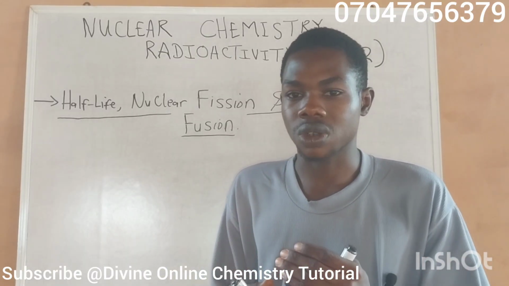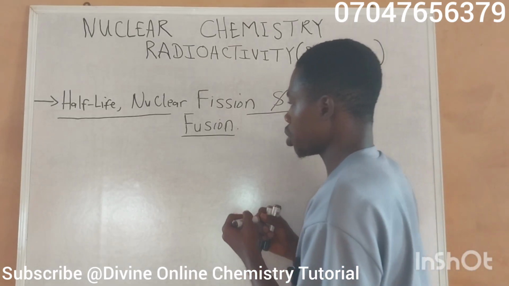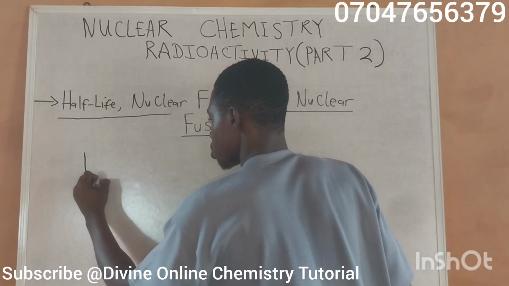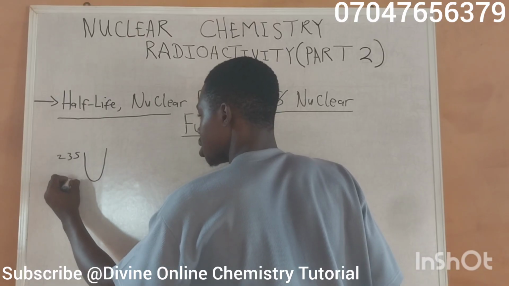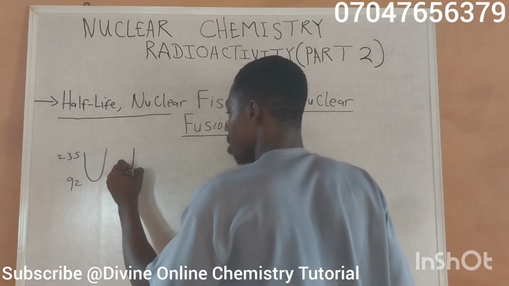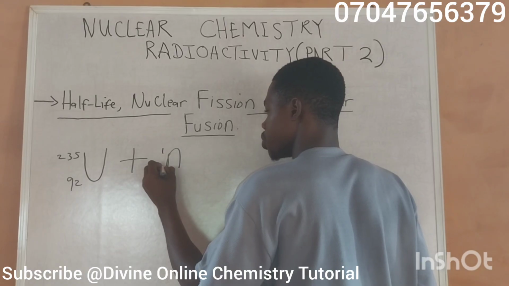I'll be explaining it on the board right now. Let's say, for example, uranium 235, 92, emits a neutron particle, 1, 0.